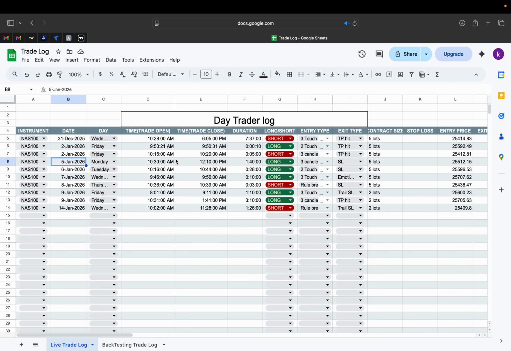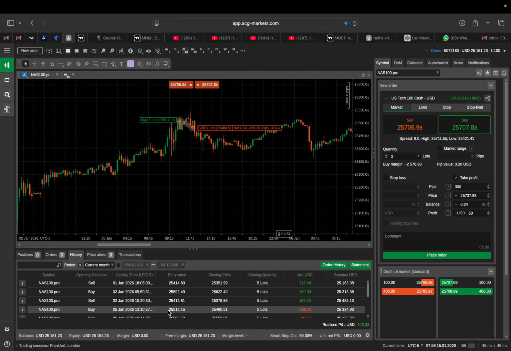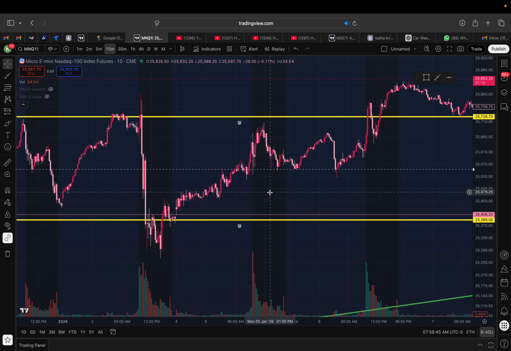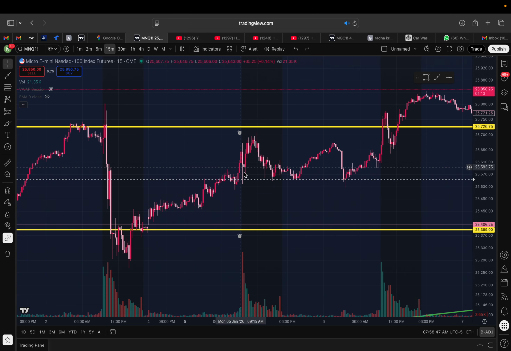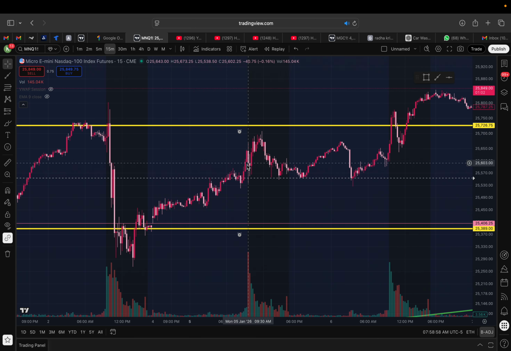Okay, fifth. Let's go here. Okay, let's see. 10th. Okay, now if I see this, I see that it's not a good way, because there is still a lot of consolidation and the movement is not very clear.